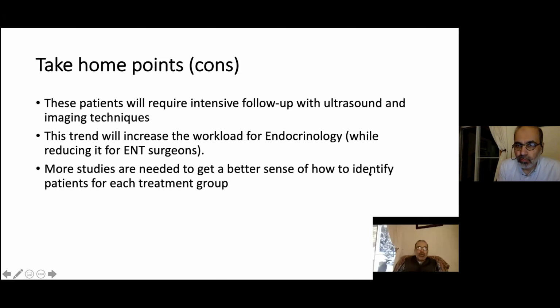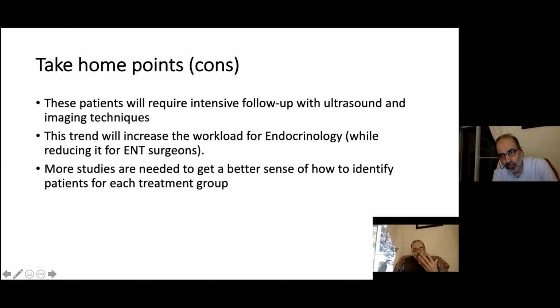However, there are problems, obviously, with this approach, and obviously there are problems with anything. And the problem in this case is that people who require active surveillance do need more intensive follow-up with ultrasounds and imaging studies. And that is a problem because there is such a huge number of these patients that our clinic rooms are filling up with these.